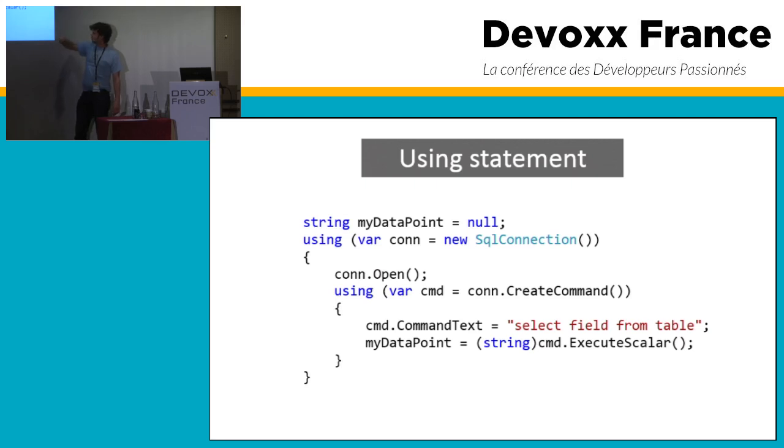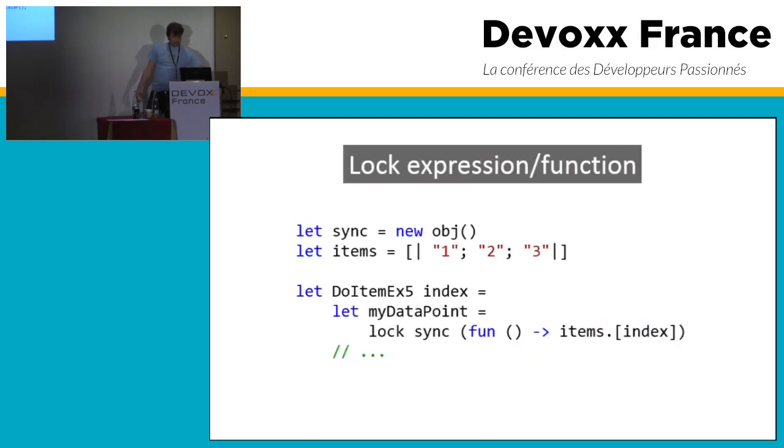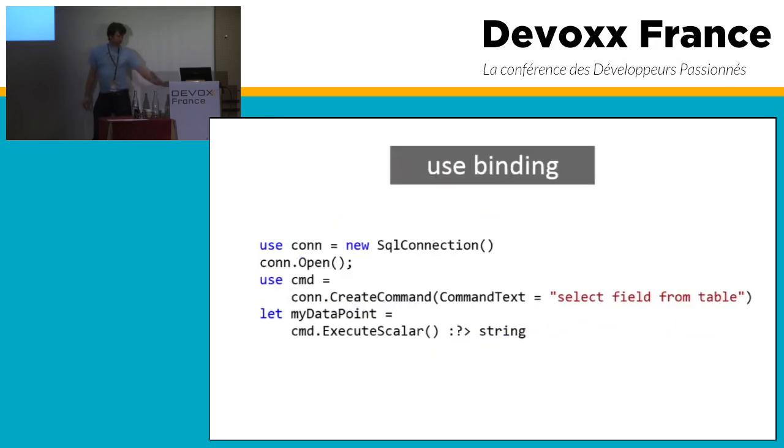And then using always creates a new scope, so we're getting all these new scopes opening and all our code being pushed sideways. But we do get the nice deterministic disposal of resources. Sorry, I've gone backwards rather than forwards.